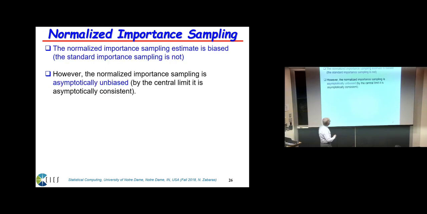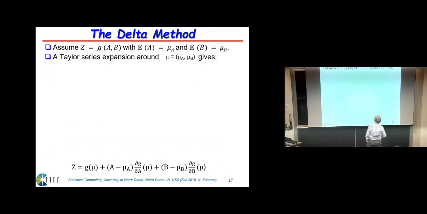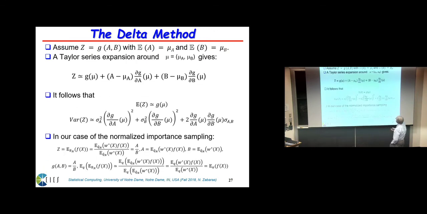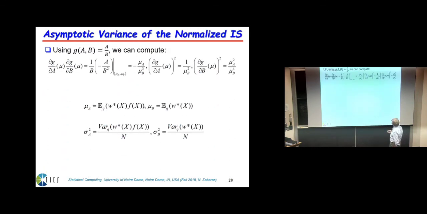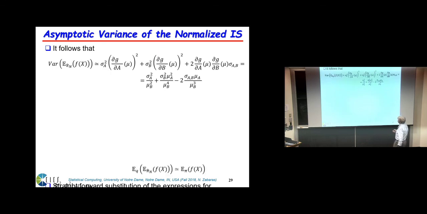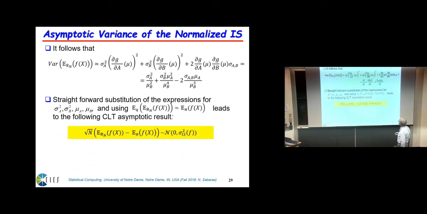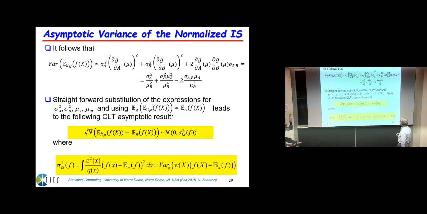Well, I am going to give you the answers. The derivation uses what's called the delta method, and you guys who love calculus, it's only 2 pages long. So this is our approximation.